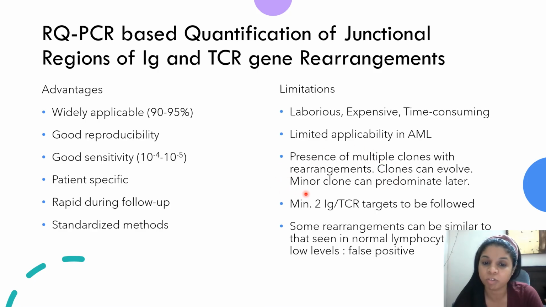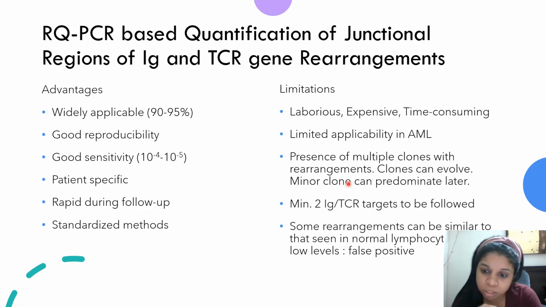Clones can evolve. The minor clone can predominate later. So see, clones can evolve. That is the point. I said that one type of VDJ recombination is seen. And then you see, there is not only that leukemia cell clonal proliferation, but there can be 2, 3 types of clones also in leukemia. Okay, so there will be a major clone, minor clones and all.